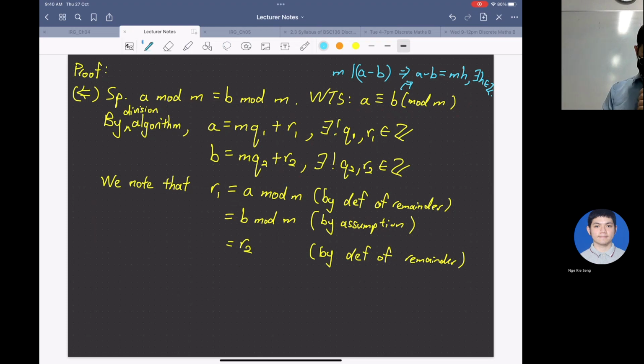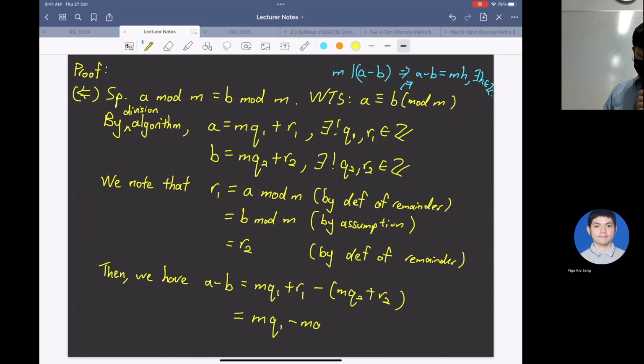So what can we do? Now we want to compute A minus B. Then we have A minus B equals M q1 plus r1 minus M q2 plus r2. What you're left with is M q1 minus M q2, because r1 and r2 are the same, so they cancel.